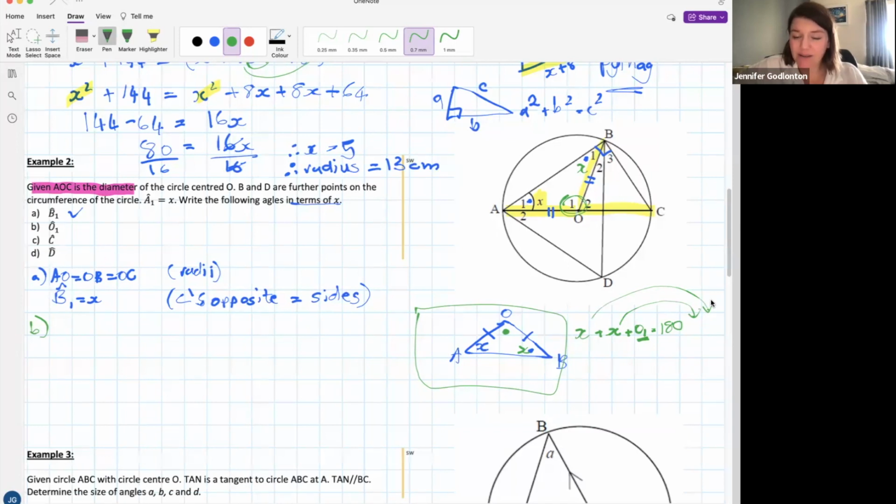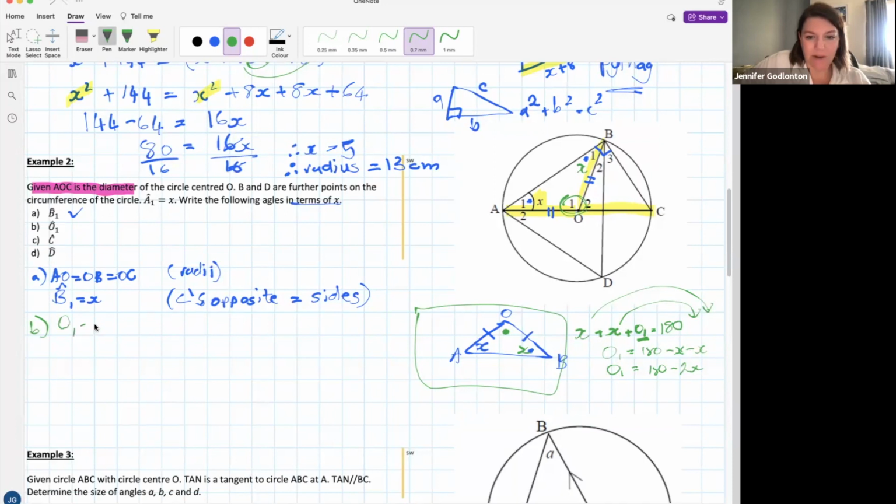It's a good start. Beautiful. Okay, so O1 would be 180 minus x minus x. But if I'm minusing those two x's, then that's the same as saying minus 2x. So I'm going to say 180 minus 2x. Okay.